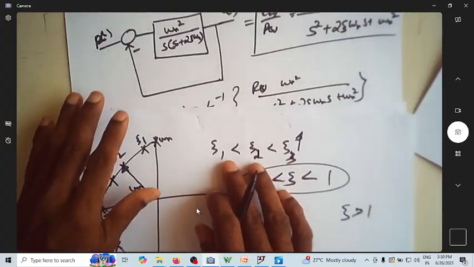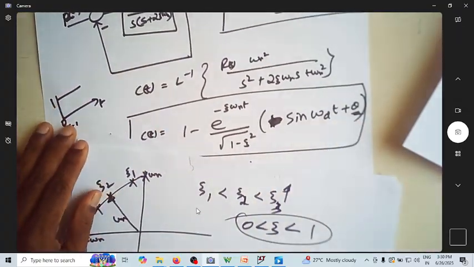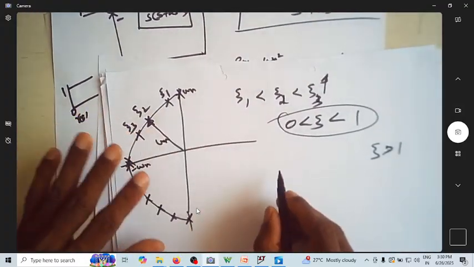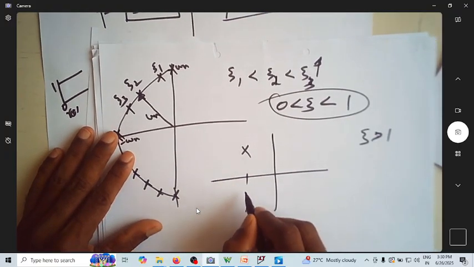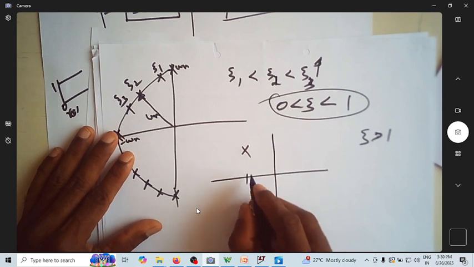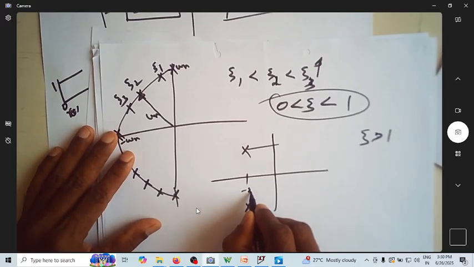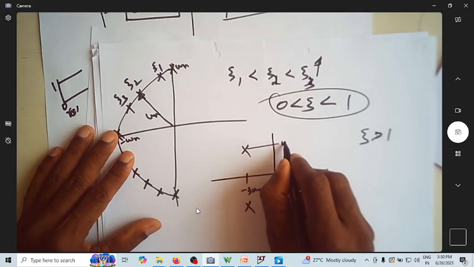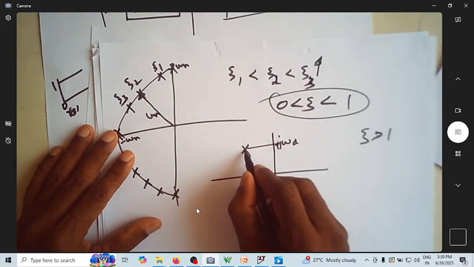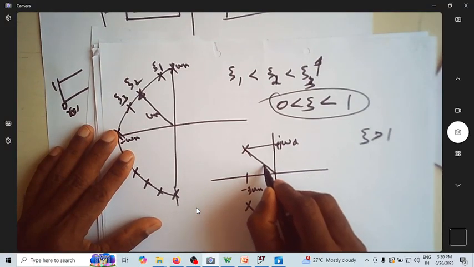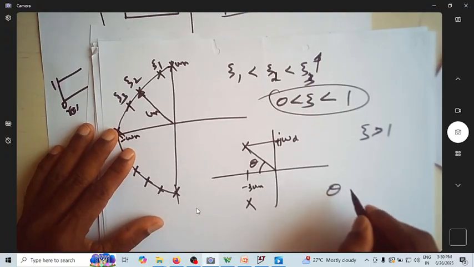Now, what is this theta? You have this theta, no? This theta is nothing but, supposing that the poles are here. These are the complex poles. Assume that this is minus omega n, this is plus j omega d. There is an angle here, so this angle is theta. So what is theta?